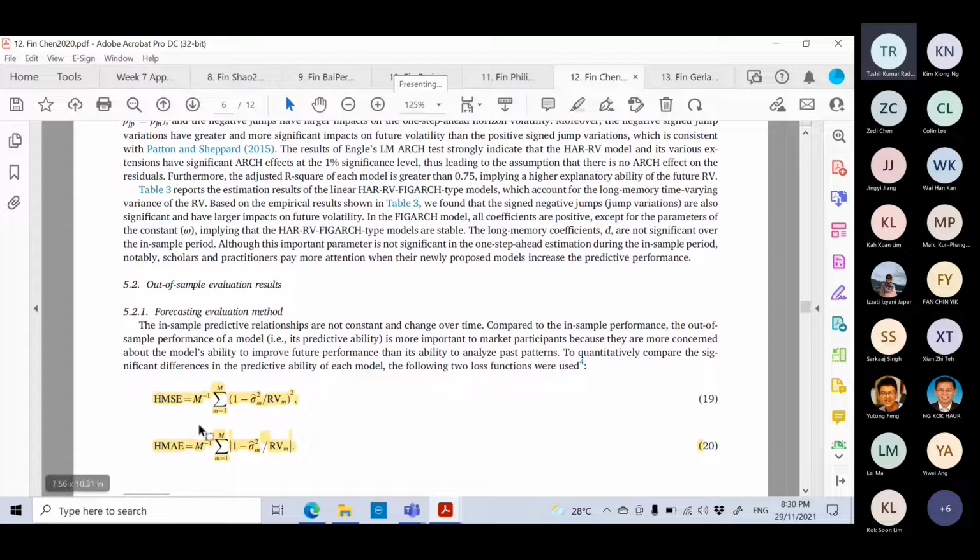So these are the two loss functions they consider in this study. There are many different types of loss functions, but this author suggests these two as their measurement. And this is, of course, their estimation results.